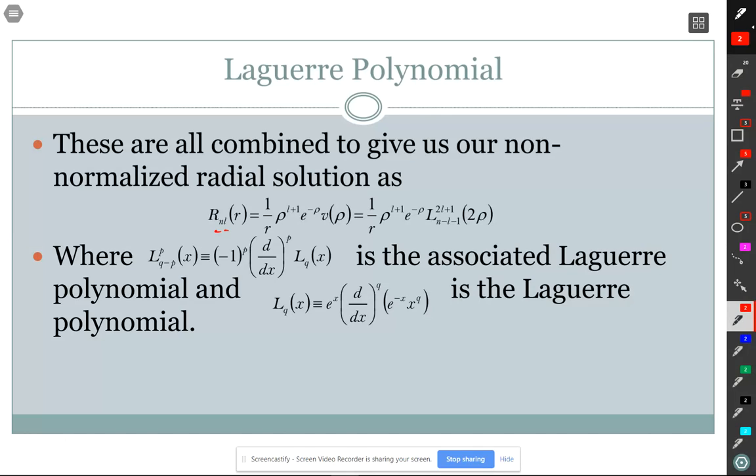It's not just a function of N, it's a function of N and L. And so it depends on this thing here. And I look at that and I'm like, what? Well, what that is the associated Laguerre polynomial, which comes from the Laguerre polynomial.